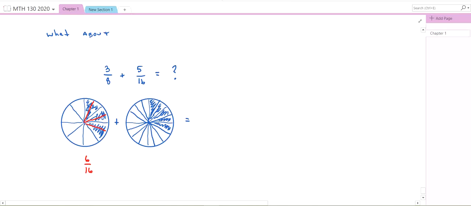If I continued cutting these empty ones in half, there would be a total of 16 possible slices here, of which there's only 6 left. I add those to the 5/16 over here, and I end up with 11/16.